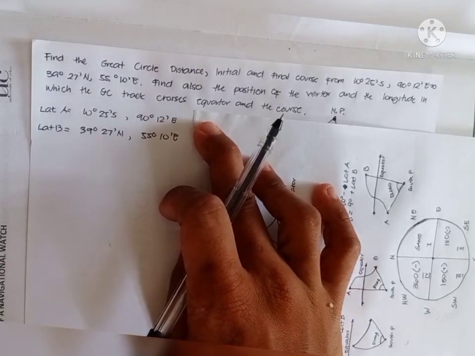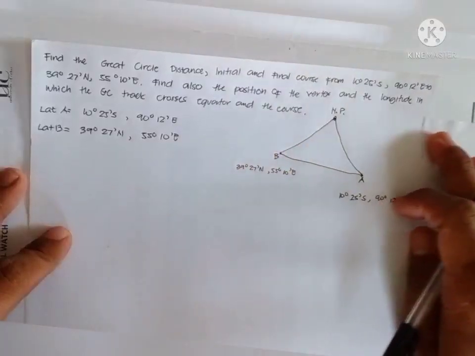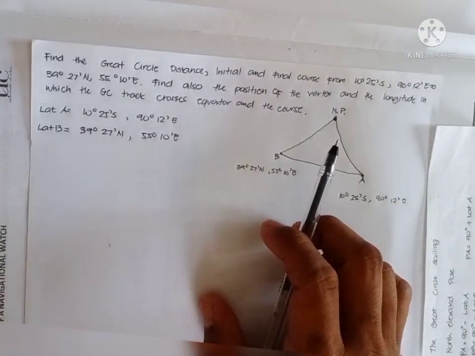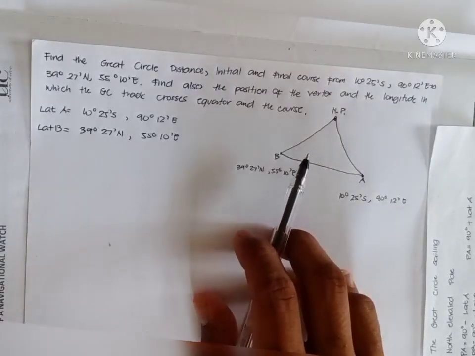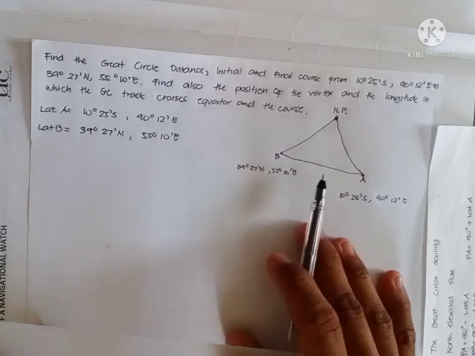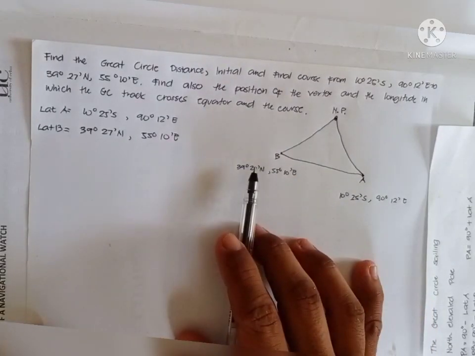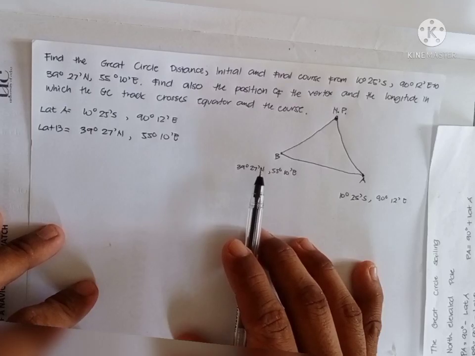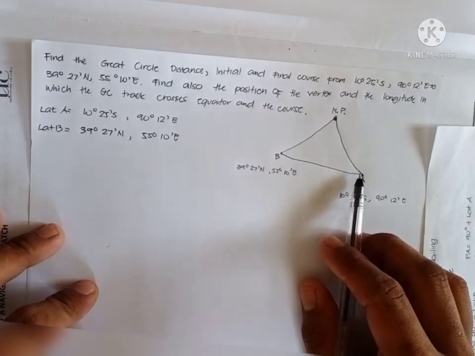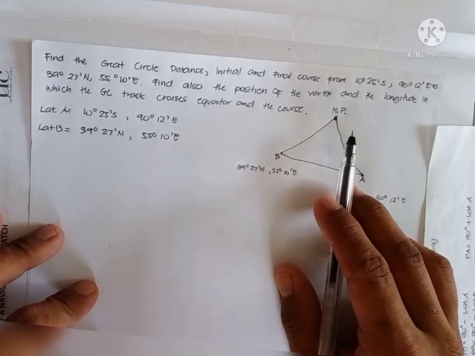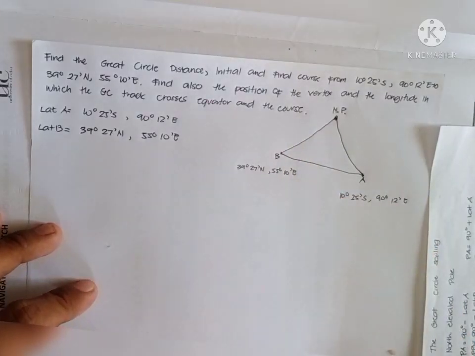GC track. So the next thing to do is we can tell that the track from point A to point B will cross the equator, since we are referencing the North Pole. So the equator will be located here.